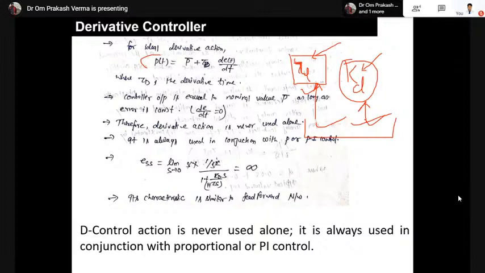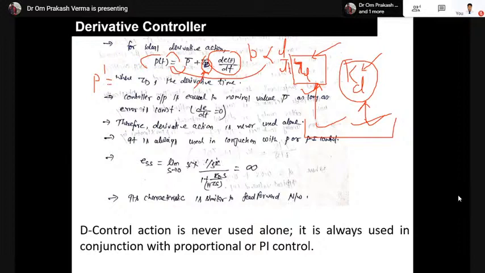This means P is directly proportional to the derivative, d by dt of the error. This is the concept, and on the basis of this concept it is written. Remove the proportionality constant, and we can accommodate this tau d value here, so p(t) minus p bar becomes tau d times d e by dt, and we can find the transfer function also.